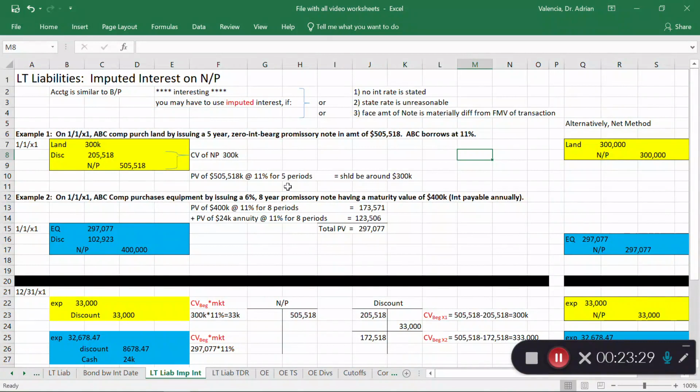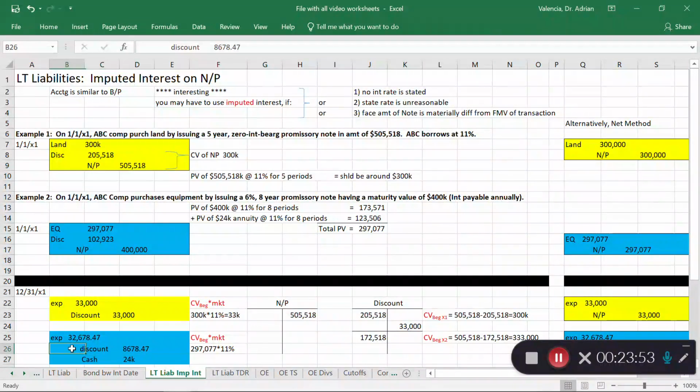Well, one last thing I will say. So this was 0% interest, right? But reality is 11. This discount amount, it's kind of like the 11%. And that's kind of clear there. Look at this one. This one, it's 6%, right? So when you do 6%, it's $24,000 you're paying, and that's part of this interest expense amount.